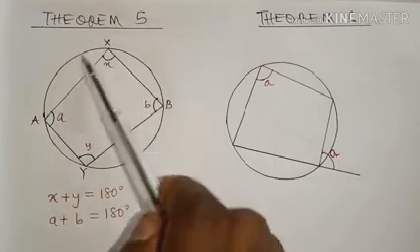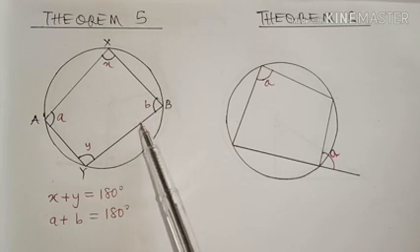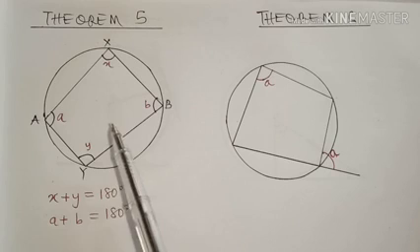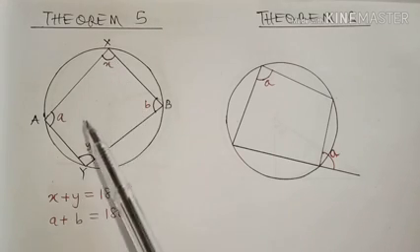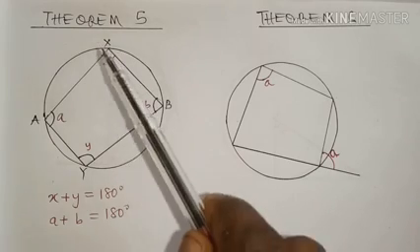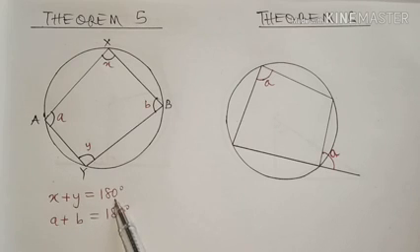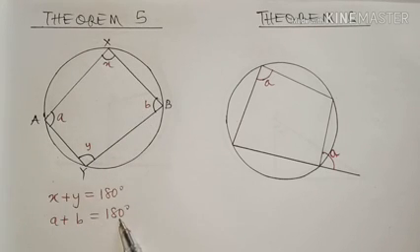If any of the vertices is not touching the circumference of the circle, it is no longer a cyclic quadrilateral, and this law will not hold. So the theorem states that these opposite angles, when you sum them together, they will give you 180. So x plus y equals 180 and a plus b equals 180.